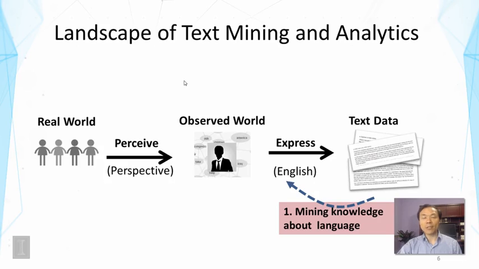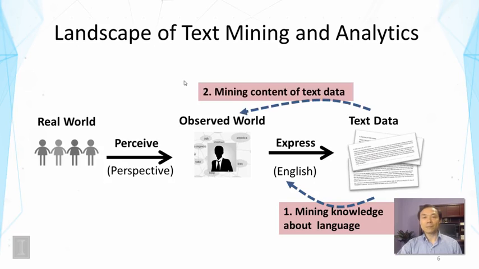And that means by looking at text data in English, we may be able to discover something about English, some usage of English, some patterns of English. So this is one type of mining problems where the result is some knowledge about the language which may be useful in various ways. If you look at the picture, we can also then mine knowledge about the observed world.